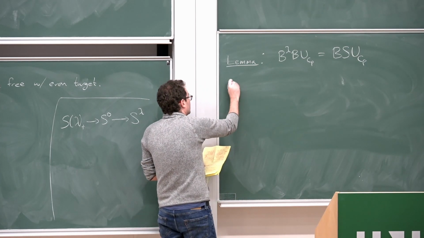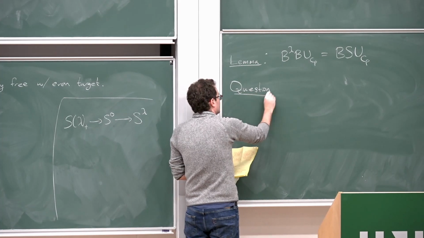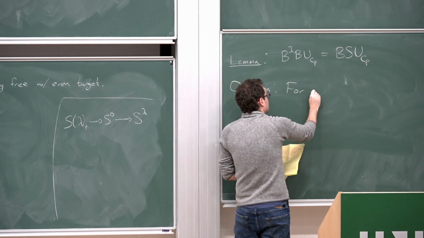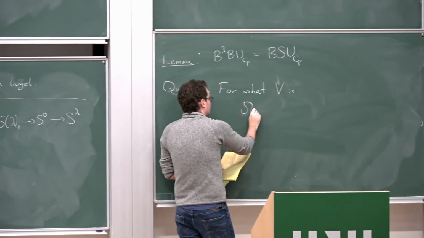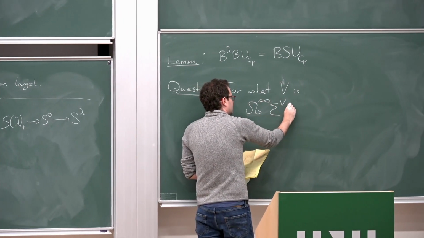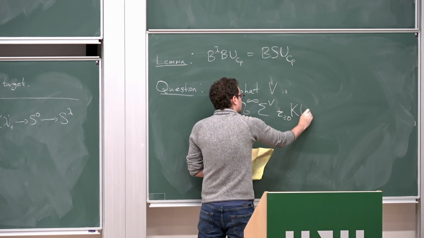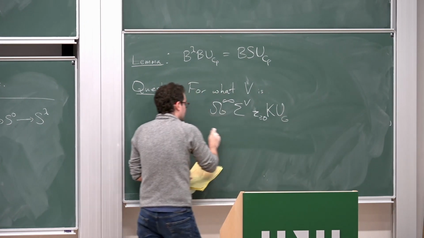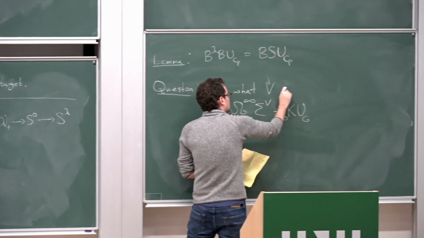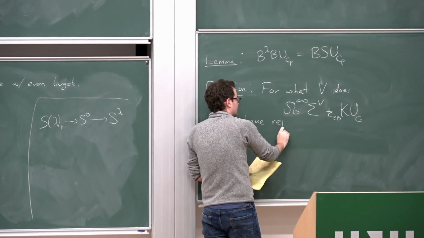So maybe I'll remind you of some of this next time, but I have a question. So what about V, loops infinity suspension V, vector cover, UG, have representation cells?